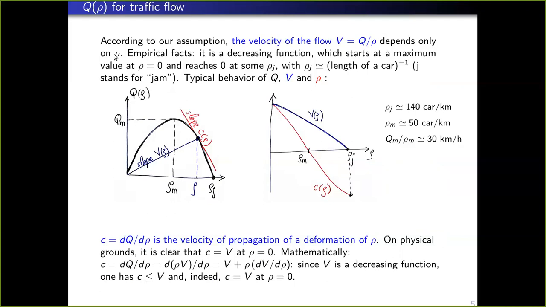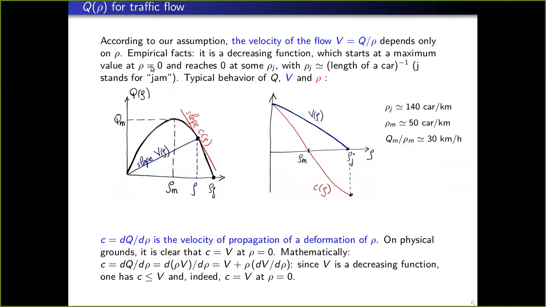So this V depends only on rho. But there are some empirical facts about V. First, it is a decreasing function of rho. Of course, when the density of cars increases, the flow decreases, right? And the flow is maximum at rho equals 0. When I'm alone on the road, I drive at high speed. When the number of cars around me increases, I slow down.